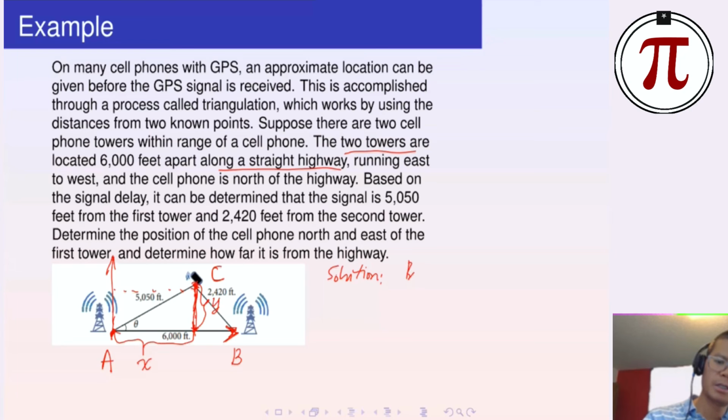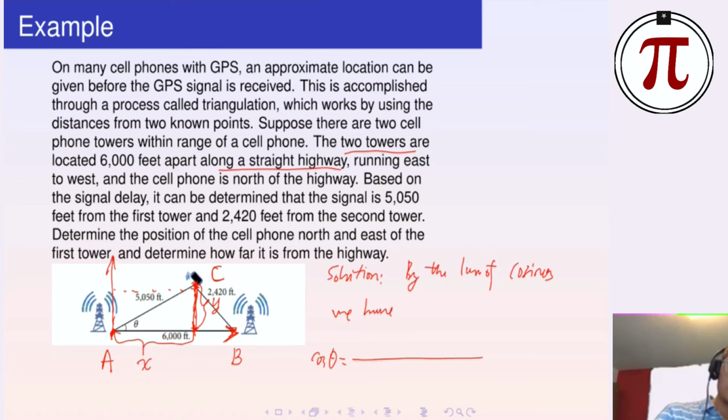Solution. By the law of cosines, we have cosine theta equals the square of the two adjacent sides, plus 6,000 squared, minus, on the top, over 2 times 5,050 times 6,000.